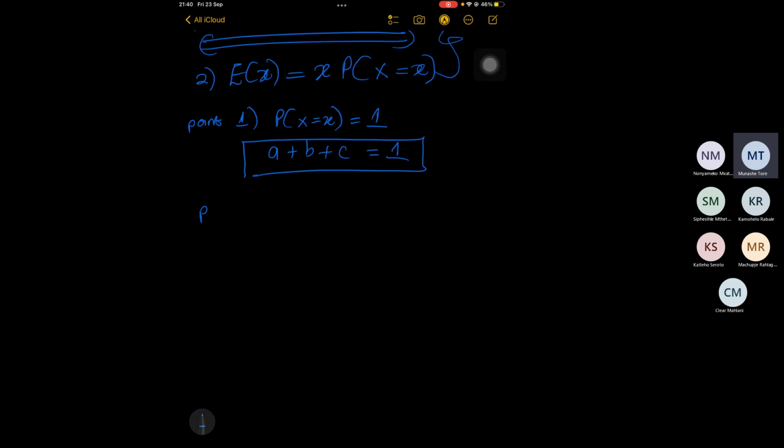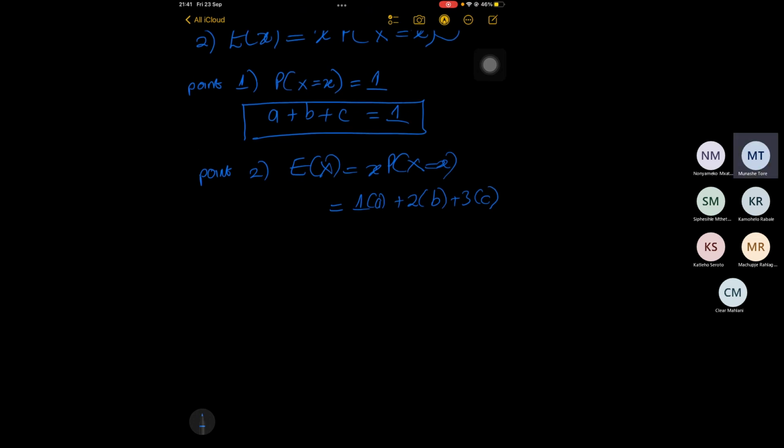Then 0.2, where we said E of X is equal to x times probability of X equals x, this means now that's going to be 1 into A plus 2 into B plus 3 into C. This is E of X. Then 0.3, we're working out the variance.